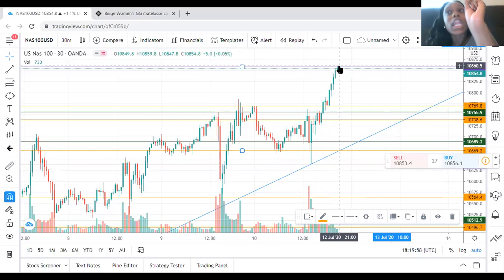This is a clear indication of a big breakout. And I didn't have to use Fibonacci. I didn't have to use any EMA. All I used was price action. Literally.